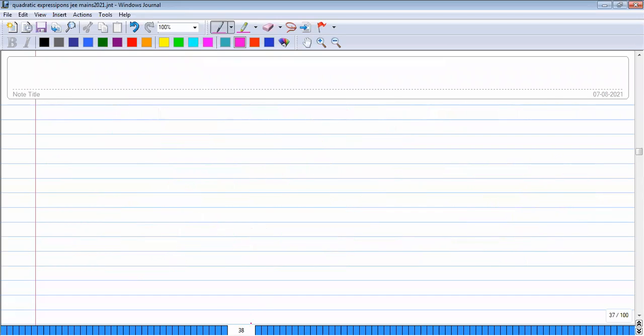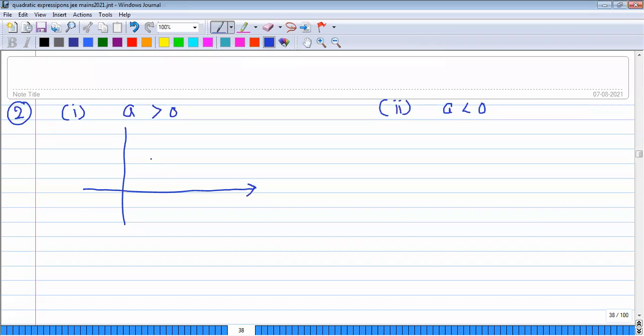So let us go for another graph now. Second point. In this also, the first case, we consider a greater than 0. Second case, a less than 0. Let me draw the graph. So this is the x-axis, origin, x dash, y, suppose y dash.